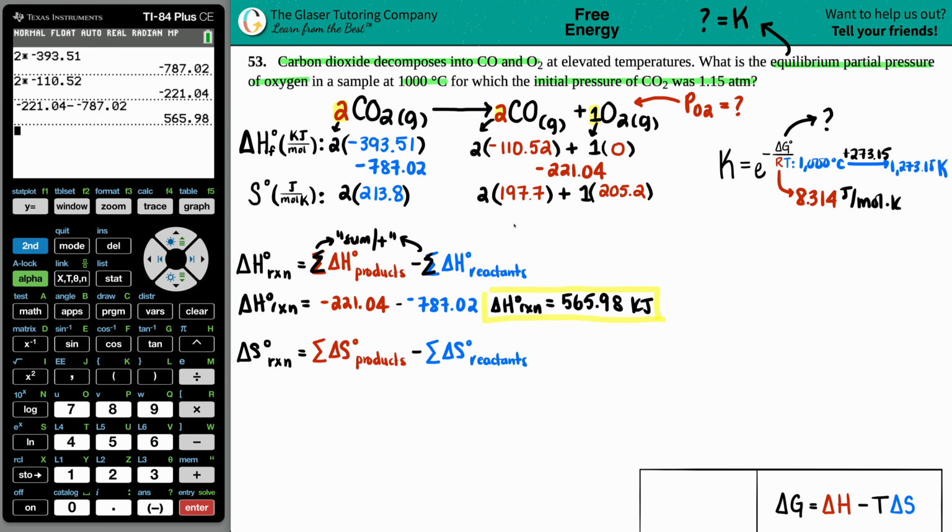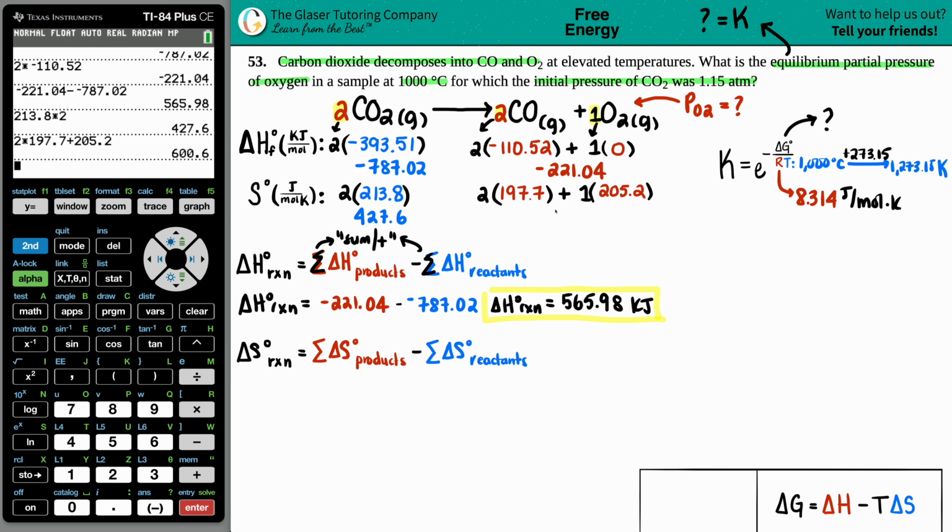Add the two products together, but let's get that reactant value. So 213.8 times 2, 427.6, 2 times 197.7, plus 205.2. I get 600.6.